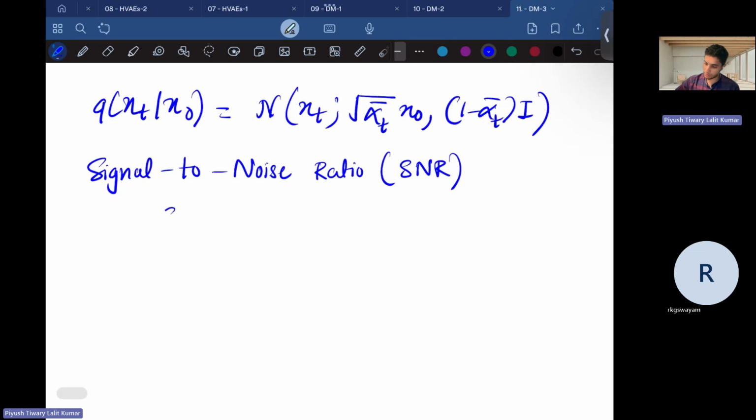So SNR for a Gaussian distribution is defined as mu square by sigma square, right? The mean is your main signal, that is your clean signal. So your signal square is divided by the noise, which comes through the variance, that is sigma square. So your SNR is defined as mu square by sigma square.